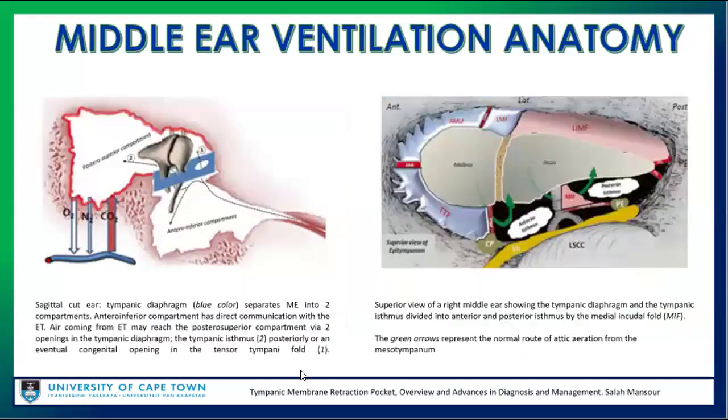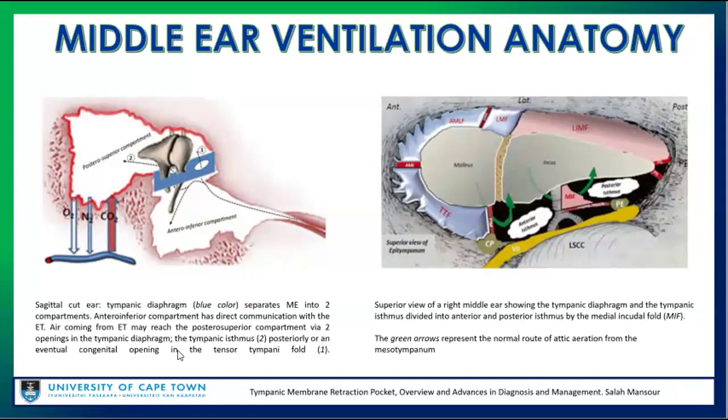The image on the left here shows how the tympanic diaphragm, which is blue in color, divides the middle ear into the anterior inferior compartment, receiving ventilation from the eustachian tube, and the posterior superior compartment. As you can see, the posterior superior compartment is lined by a mucosal layer, and this is the part that helps in middle ear ventilation.